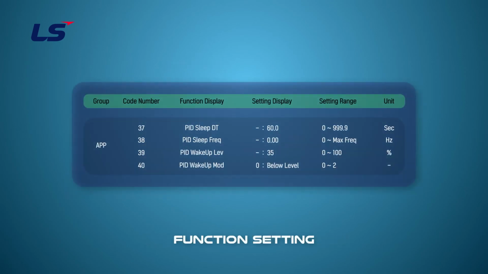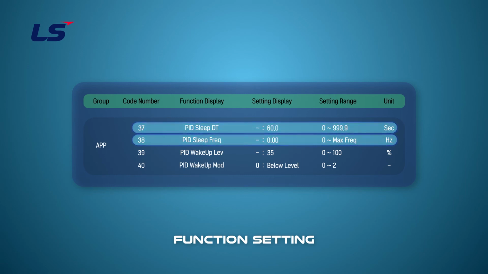Now, let's look at how to program parameters related to sleep and wake-up. If the inverter's operating frequency is below the frequency set in APP38 sleep frequency and continues to operate for the time set in APP37 PID sleep DT, the operation stops and enters the PID operation sleep mode.